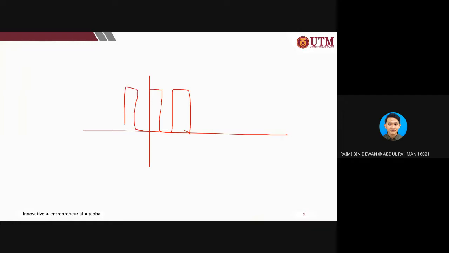This is shown by example. Before this, you can see we have a signal like this. But it becomes a hidden odd signal when we introduce a DC value.